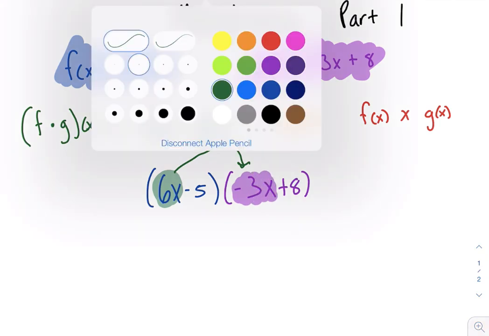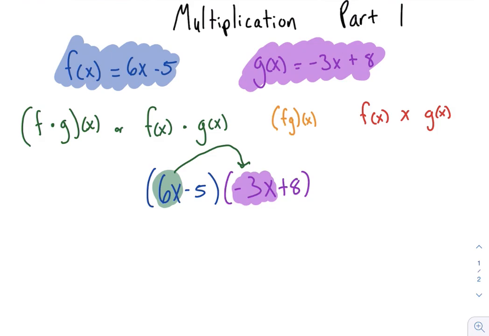And when you're multiplying these, what I like to do is treat it as 2 different steps. First, I multiply the coefficients together, which would happen normally. Negative 3 times 6 is negative 18. But then we also have the variables. And the way that we multiply variables together is we use the laws of exponents and add the exponents together.